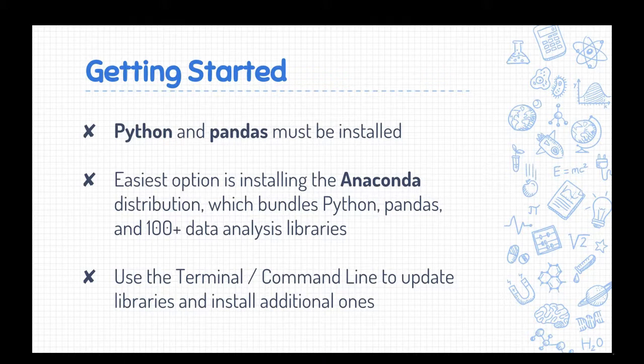It's entirely free, and it's basically one big installer package that takes together Python, Pandas, and about 100 libraries for data analysis and statistics and mathematics and scientific learning and that kind of stuff. Now, we certainly are not going to need all of those 100 libraries, but it's much easier to just install this one thing than it is to install everything we need one by one separately. So we'll be using the Anaconda distribution.